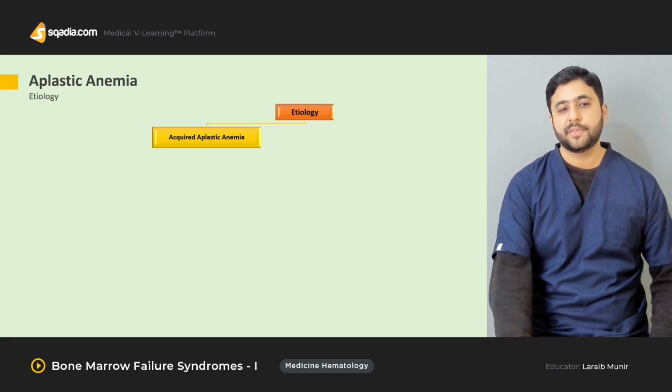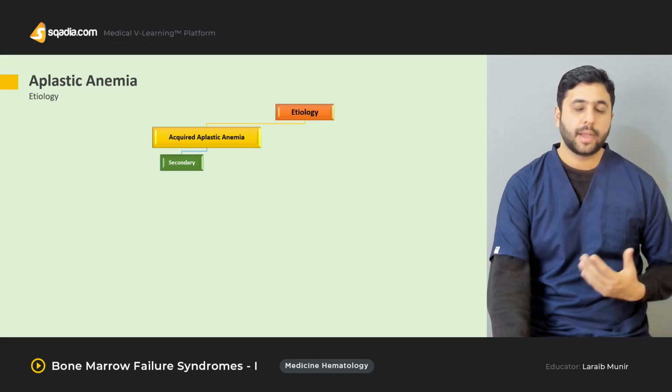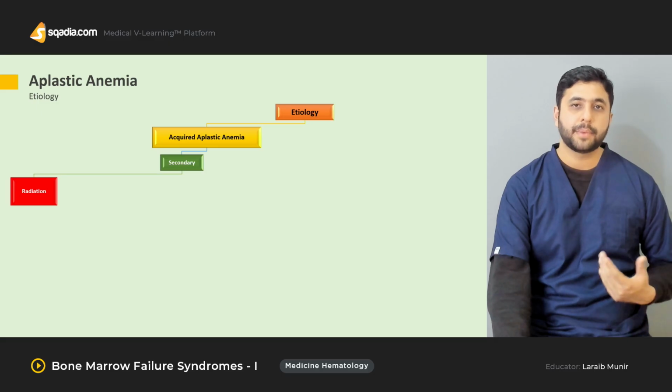And what are the different types of conditions that can lead to aplastic anemia? Now, aplastic anemia can either be secondary to an underlying problem, or it can be a primary disorder.